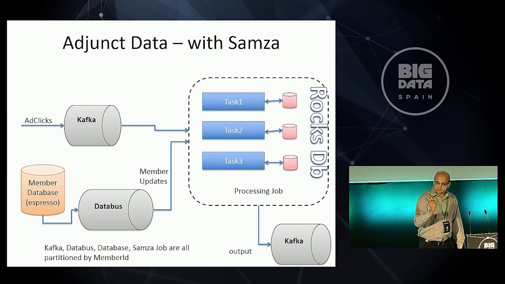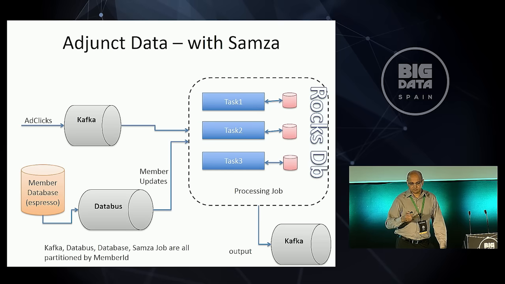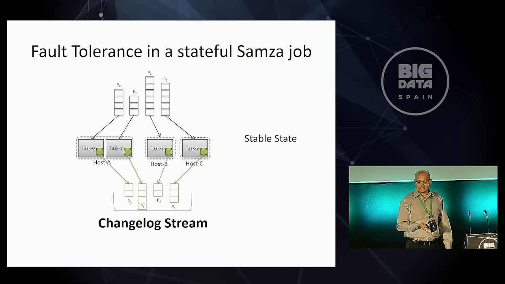Great, so now we have the state locally, access is fast, we don't have to go over the network. But then we just created ourselves a problem, because if the machine dies, what happens to the local state? Obviously, this is something that has to be solved. The way we solve it is every time we write to our RocksDB local state, we also write to a remote store.